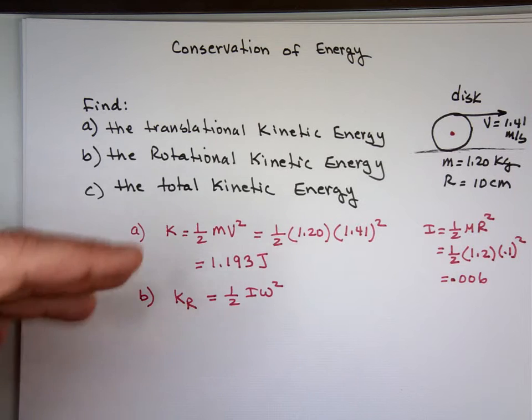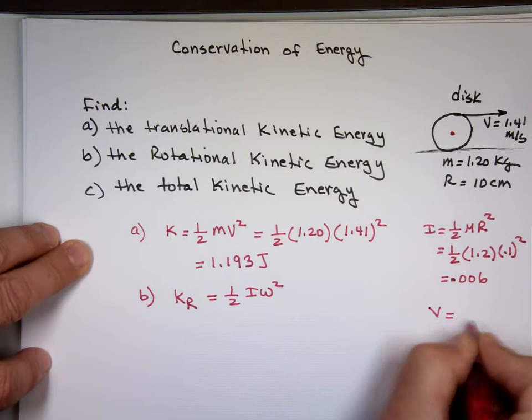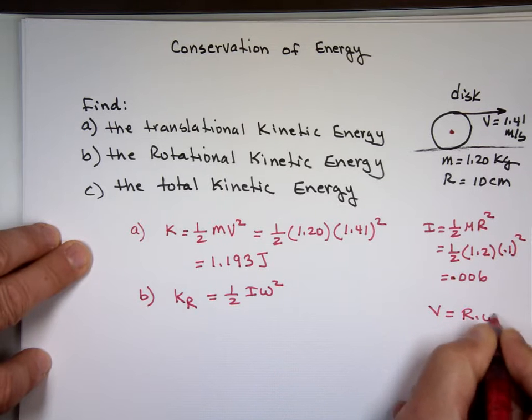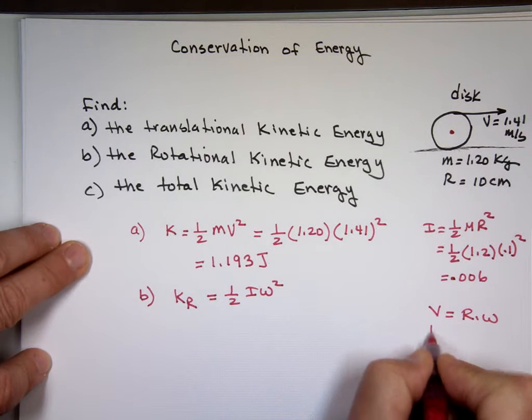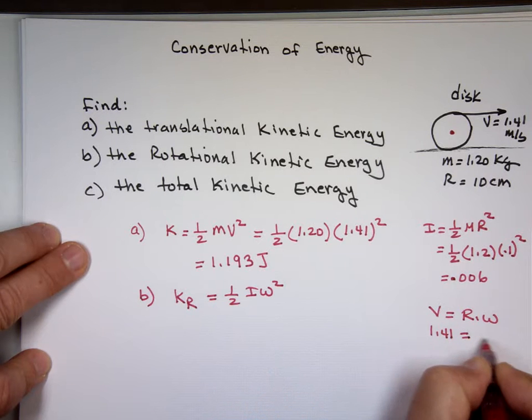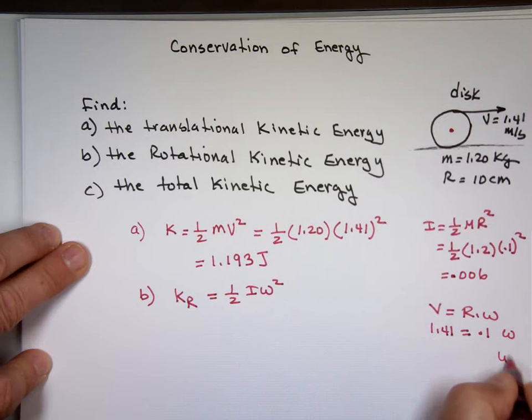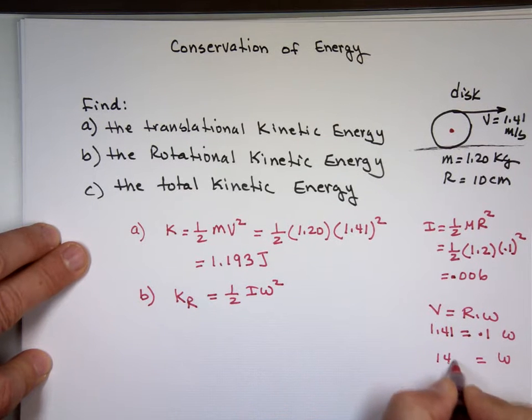Now, I also need to know what w is. v equals r times w. v is 1.41, r is 0.1. Can we get w? w will be 14.1.